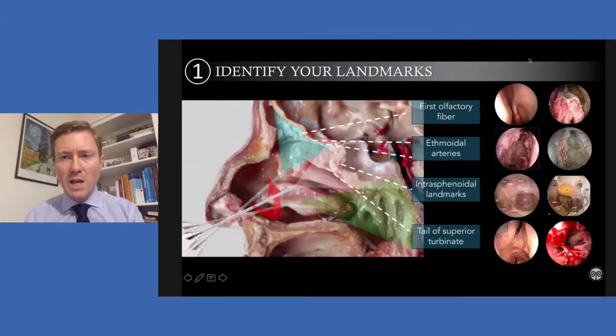Identifying your landmarks means that you have to always be able to understand exactly where you are located in the paranasal sinuses, in order not to destroy structures and also not to enter the brain, the optic nerve, or the orbit.